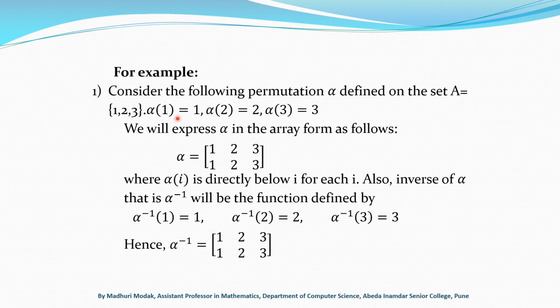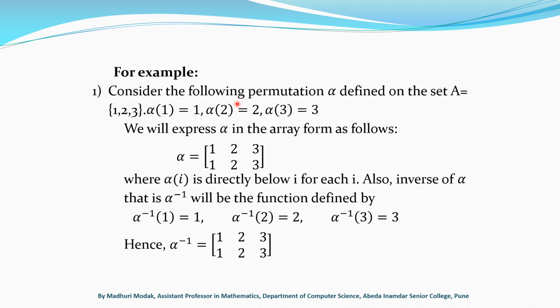Now here the permutation alpha is defined as alpha of 1 is 1, alpha of 2 is 2, alpha of 3 is 3. It means 1 is mapping to 1, 2 is mapping to 2 and 3 is mapping to 3. So 1 and 2 are different elements, their images are different. 1 and 3 are different elements, their images are different. 2 and 3 are different elements, their images are also different.